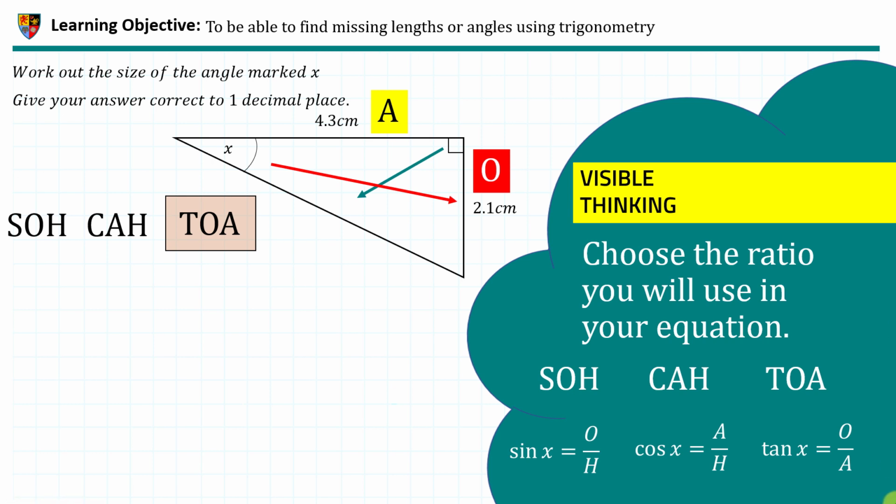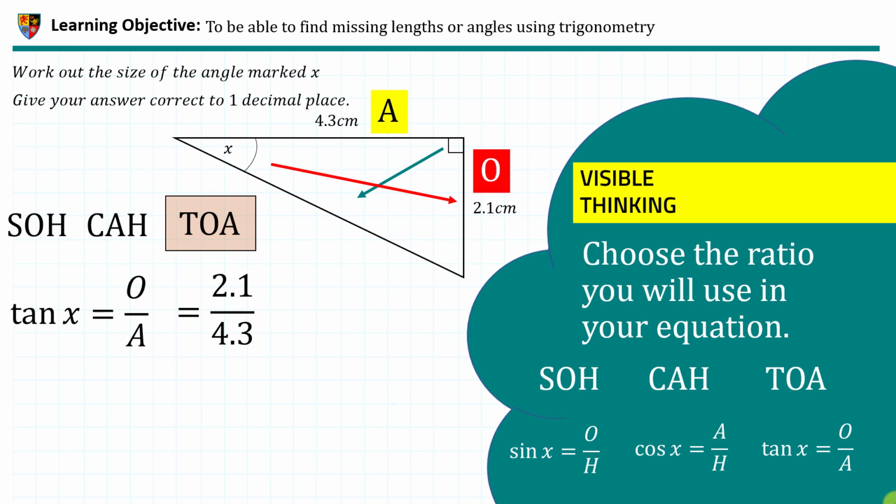All right, you set it up. Tan x is opposite divided by adjacent, and then you do your substitution. That means that tan of the angle x is 2.1 divided by 4.3. To find the angle, you need to do the inverse of the trigonometric function.